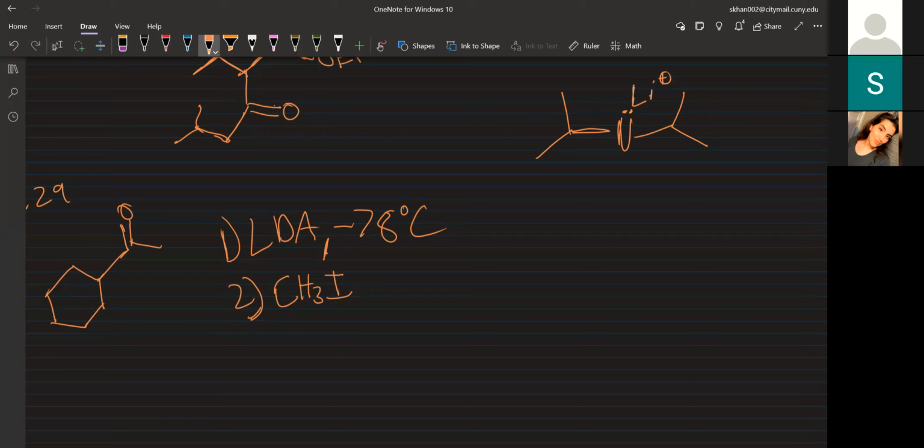We have a very low temperature, so the pathway we're forming is the kinetic enolate. The base is going to be selective towards the less hindered position, and our final product won't be as stable as the other one to a degree. Well, it's not really about the stability of the product. It's more about the stability of the intermediate.